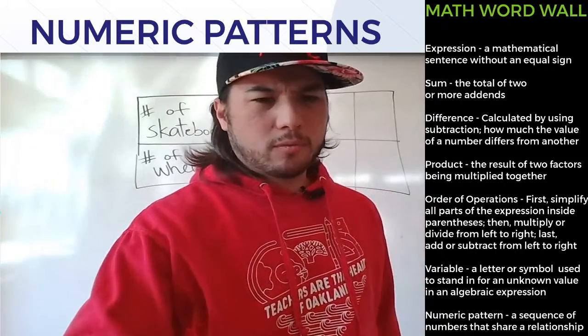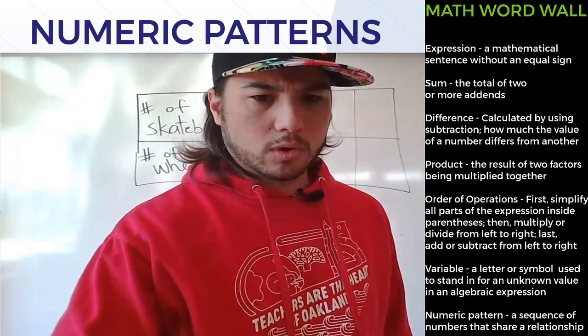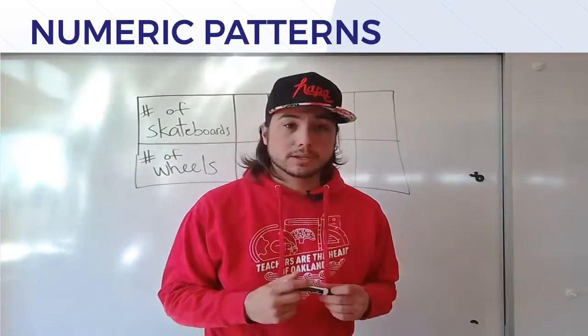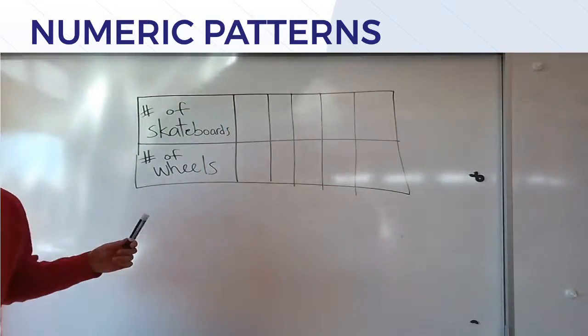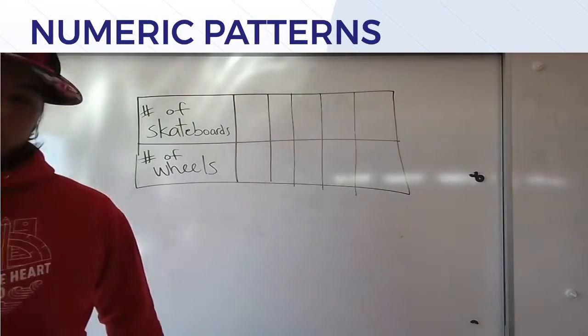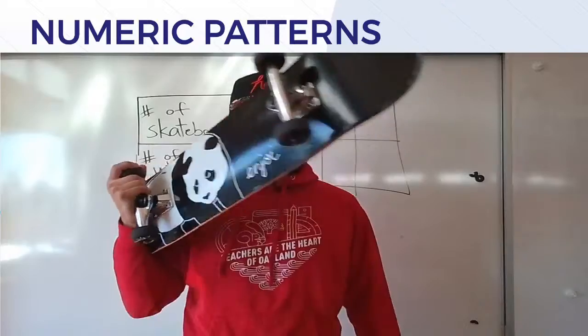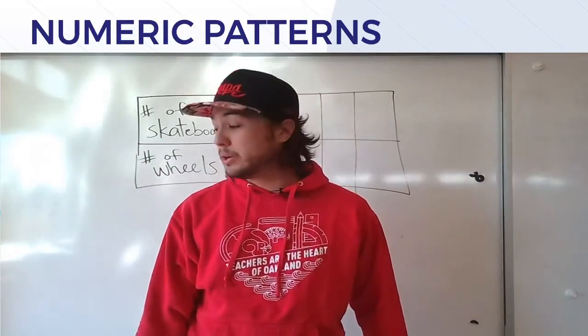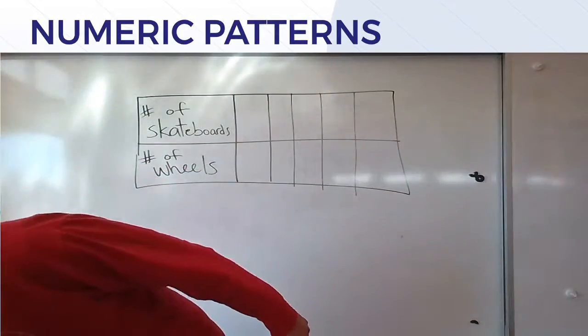So the first one I want to talk about, I'm going to move the word wall away for now, is this pattern here. We're going to talk about the skate shop. I've got my skateboard here. I was working on it for Grovember. I can do many things on it that I could not do a month ago, which is great.